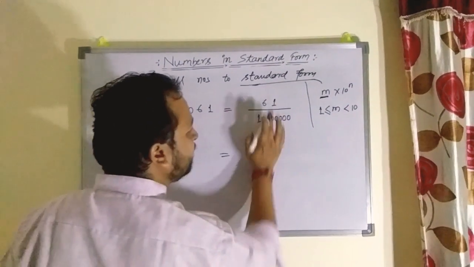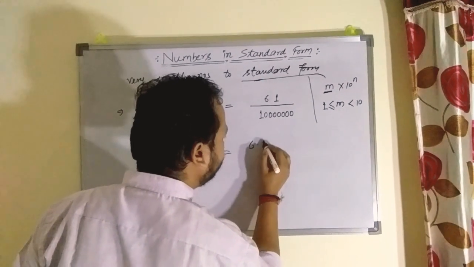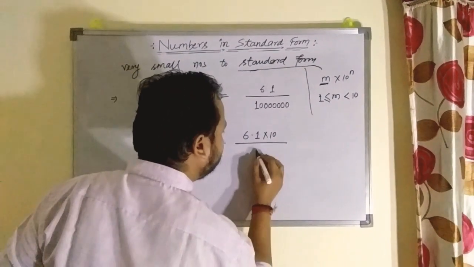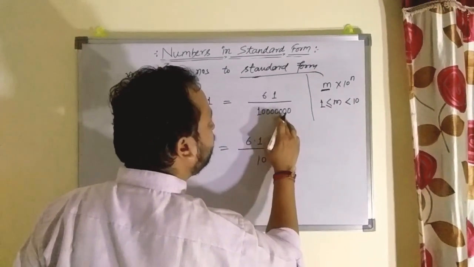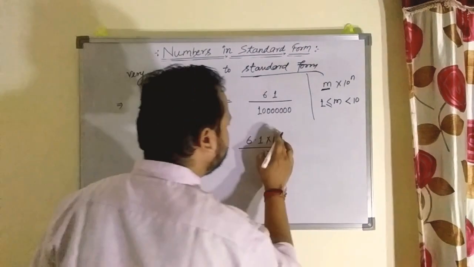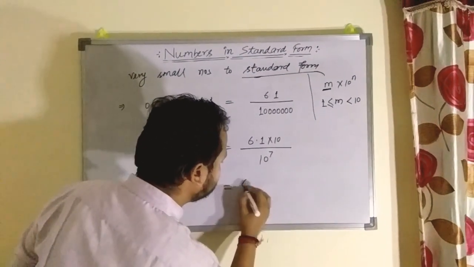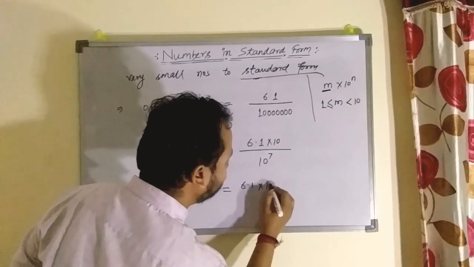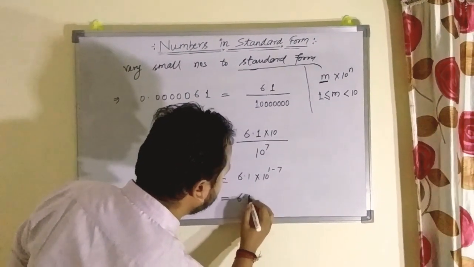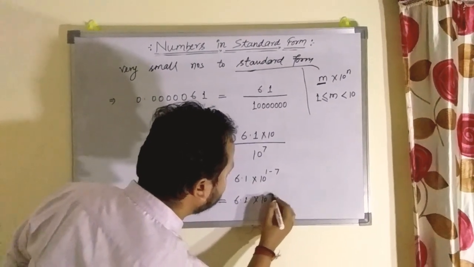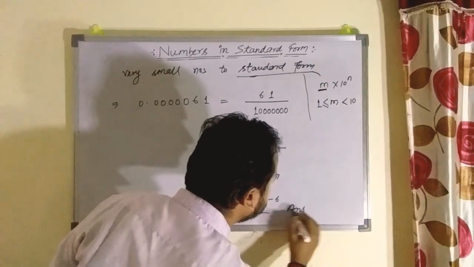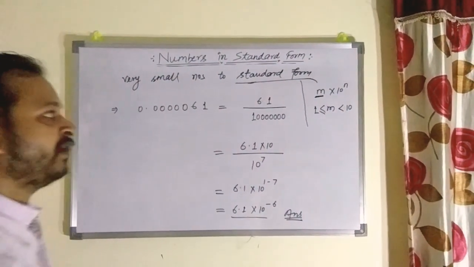So here it is written as 61, so you have to write it as 6.1 into 10 divided by 10 to power 7. Then 6.1 into 10 to power 1 minus 7, that equals 6.1 into 10 to power minus 6, and this is the answer, right?